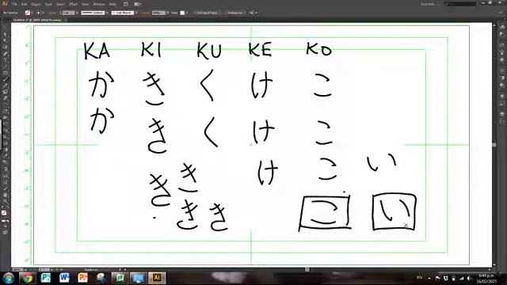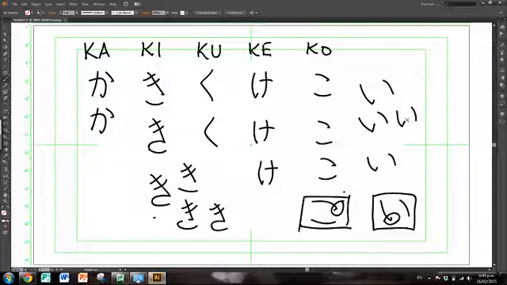Now the way that you can tell them apart is by this little bit here. If you can imagine that Japanese hiragana was originally written with a brush, what this little flick is is when you write a stroke and then lift the brush to go to the next stroke, the brush just drags a little bit. So this is I that I'm writing now, and you can see how it's just dragging.